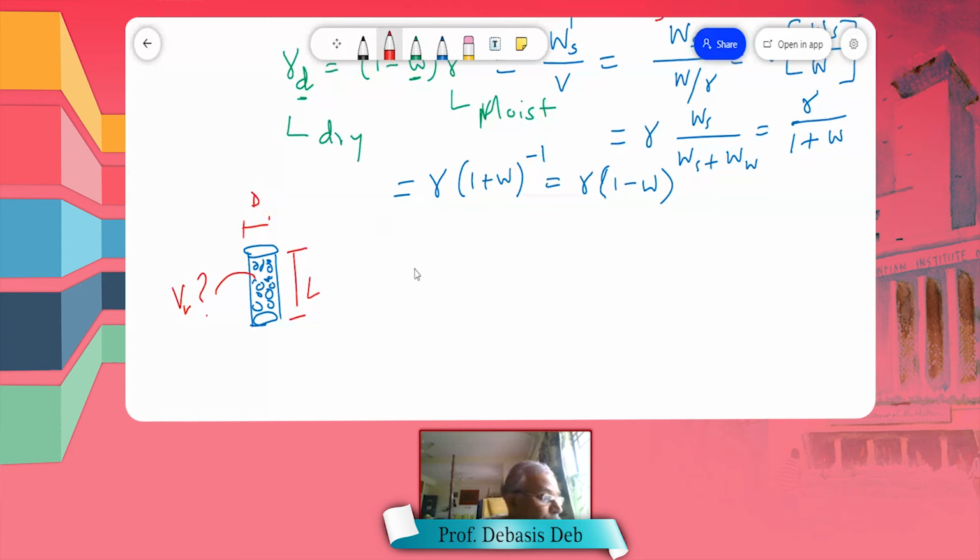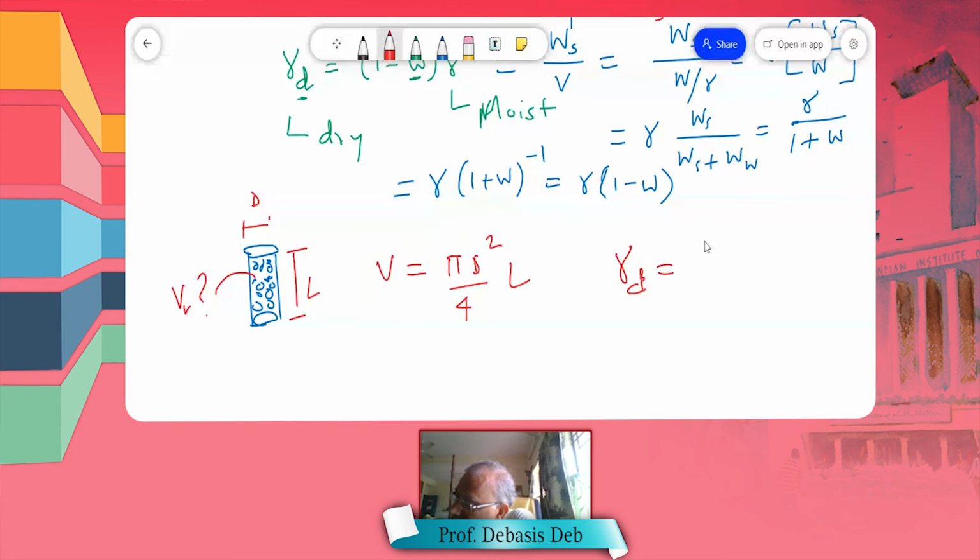Okay, and then we find out the volume of this entire sample, or we call it bulk volume. So this will be pi d square by 4 into L. Okay, so we find this volume and then we measure its weight, and that gives us what we call gamma D. Means we are assuming this is a dry sample.